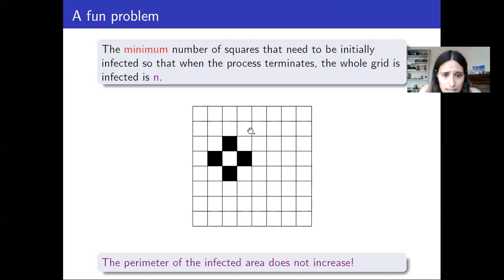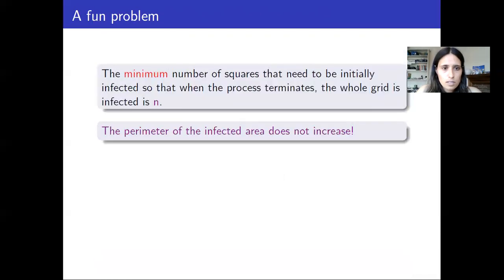If a square is completely surrounded when it becomes infected, in fact, the perimeter of the infected area is going to decrease. Before we had these 4 sides contributing to the perimeter, and now once this square becomes infected, the perimeter has gone down.